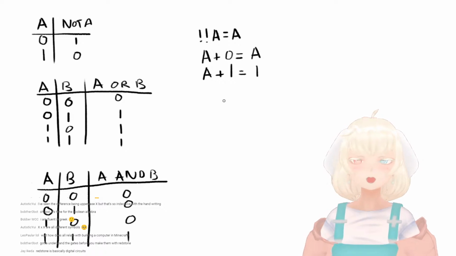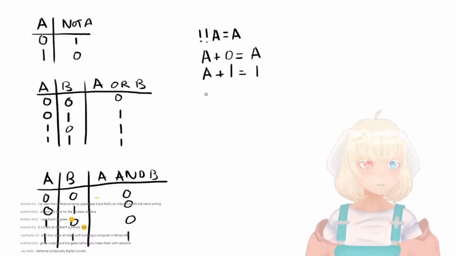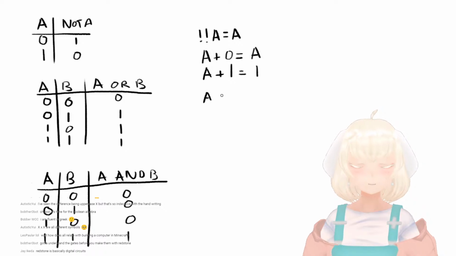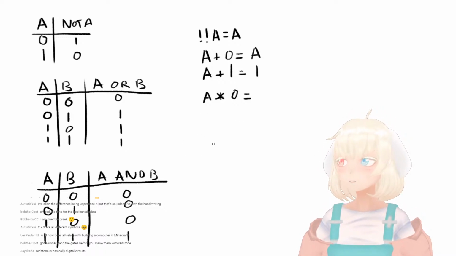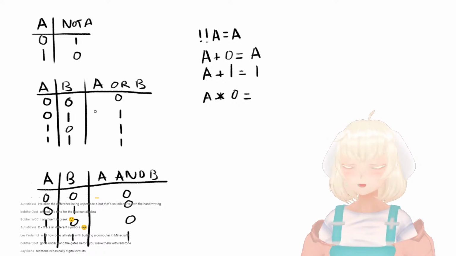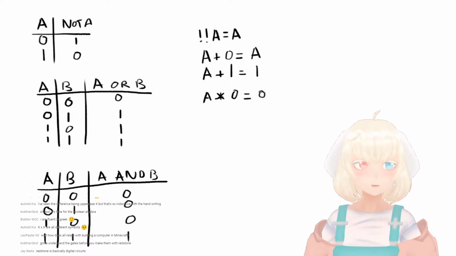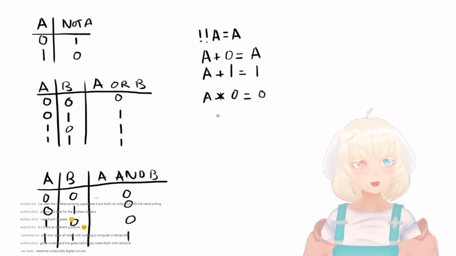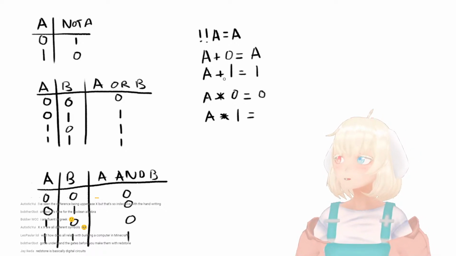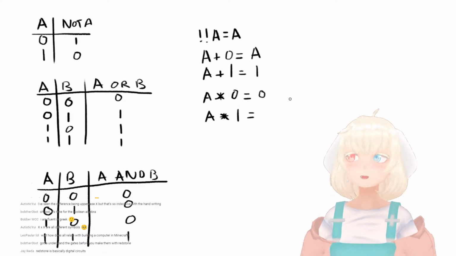All right. What about AND? Let's see. A times 0. Now, what did we say? If we have any statements that are false in an AND statement, that makes the entire statement false, right? Anything times 0 is 0. So A times 0 is 0. And A times 1 is very much the same thing. Like all of this transfers from math, so you don't really need to learn anything new.